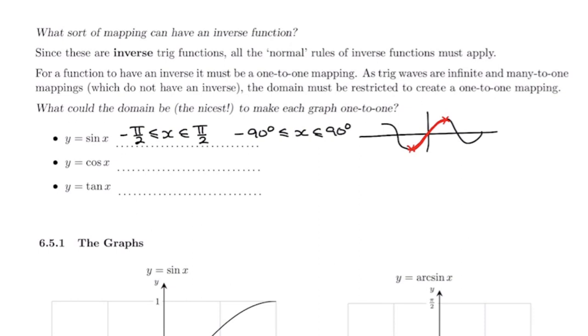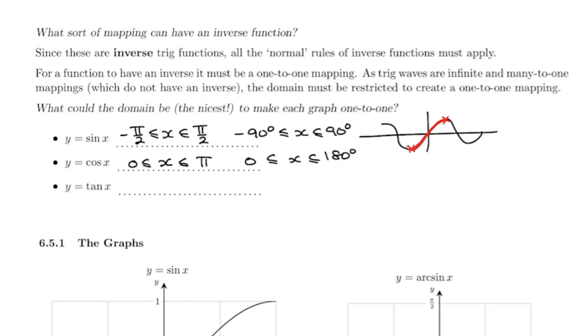Cos, not going to draw it, but we go from the maximum, which occurs on the y-axis, so that's when x equals 0, to the minimum, and that's when x equals pi, and of course that's 0 is less than or equal to x, which is less than or equal to 180. Now for tan, we take the middle part of the tan graph.